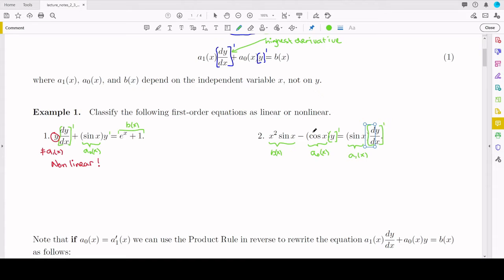And technically, when you bring the negative cosine to the other side, it becomes a positive cosine. So a sub naught of x is just the cosine part. So this is a linear first order differential equation.